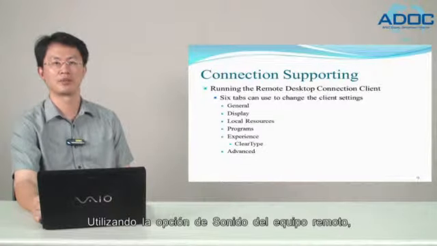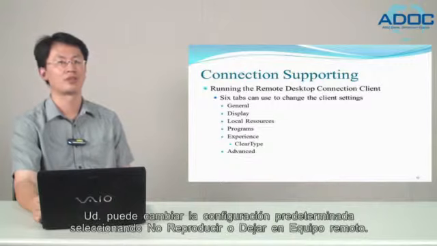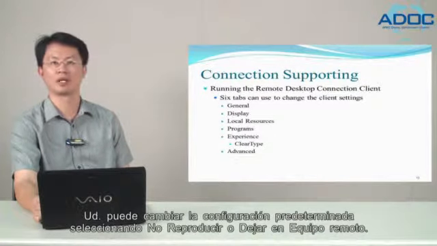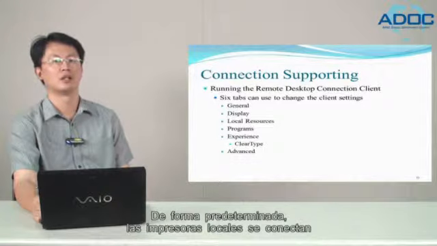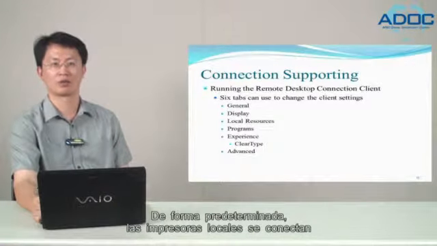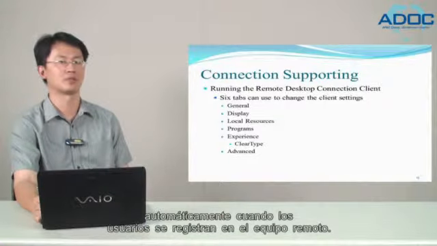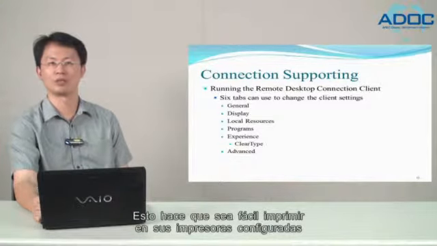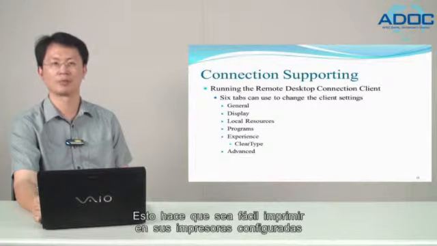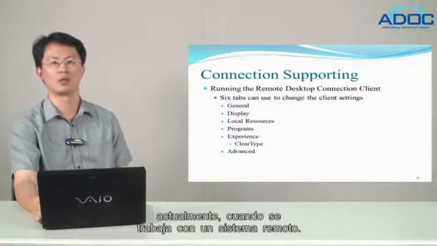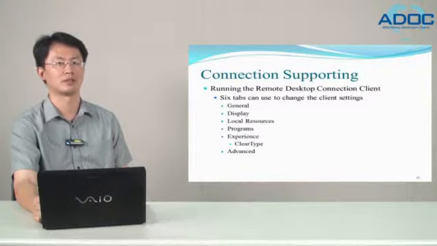Using the remote computer sound options, you can change the default settings by selecting Do Not Play or Leave at Remote Computer. And by default, local printers are connected automatically when users are logged on to the remote computer. This makes it easy to print to your currently configured printers when you are working with a remote system.